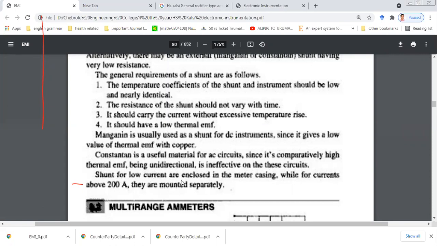Shunts for low currents are enclosed in the meter casing, while for currents above 200 amperes they are mounted separately. Generally, the shunt resistances are connected within the same meter casing, but for measurement above 200 amperes, we connect the shunt separately.